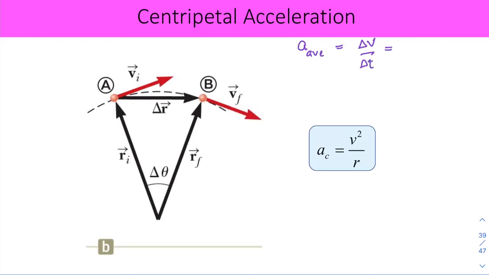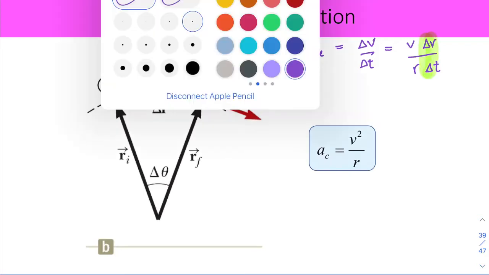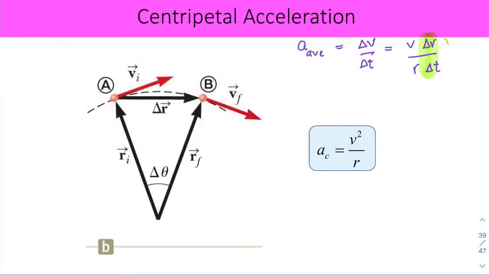And what is our delta V is V delta R over R delta T. So if we refer to this, this is actually V, isn't it? This one is V because it's change in position over time. So the A average here is actually equivalent to V squared over R.